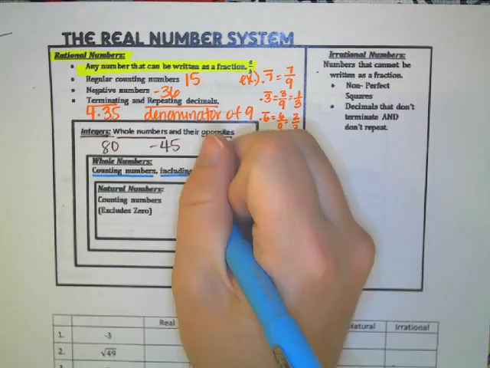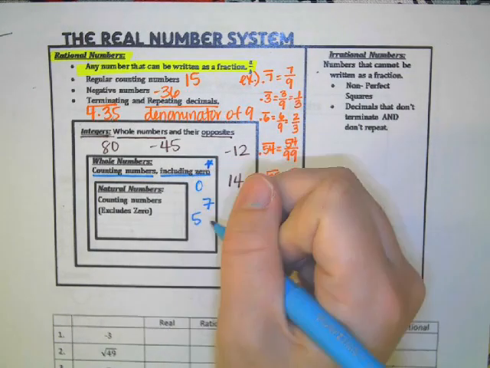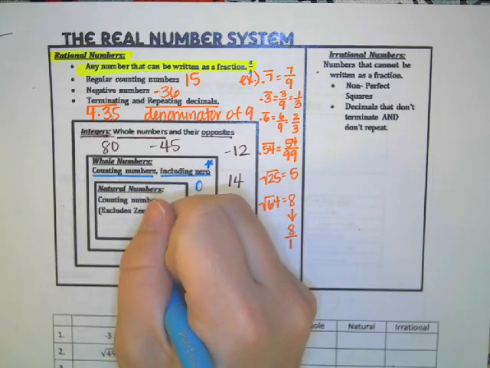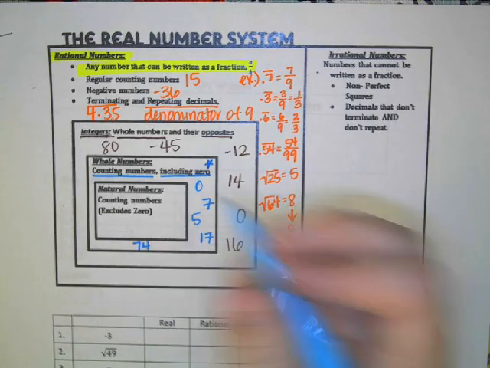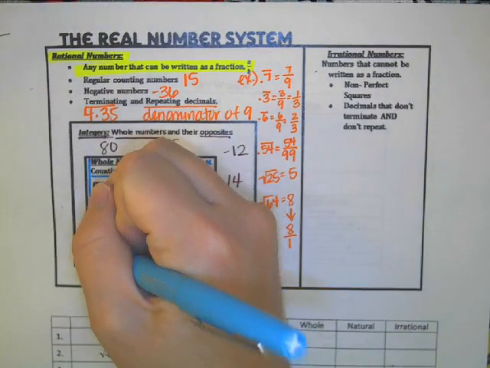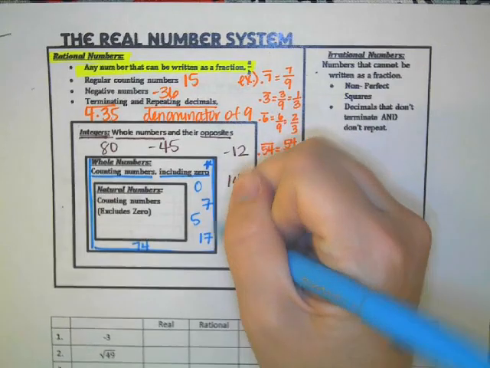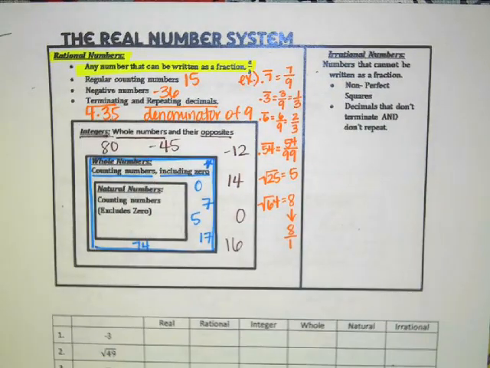So remember the numbers 0, 7, 5, 17, even like 74. These are my whole numbers. So if you're thinking about this in different sections, I'm trying to keep it color coordinated for us so that you see what we're talking about.